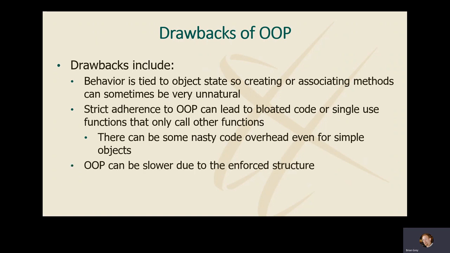And because of this enforced structure and the fact that you have something that is controlling state for you, remember, object-oriented programs are controlling state. They are preventing you from doing what you want. Those structures take overhead. So object-oriented programming can be slower due to this structure.